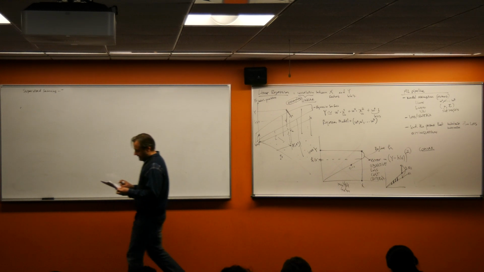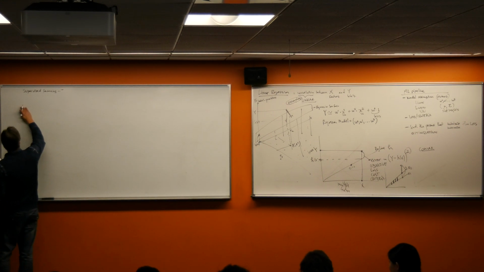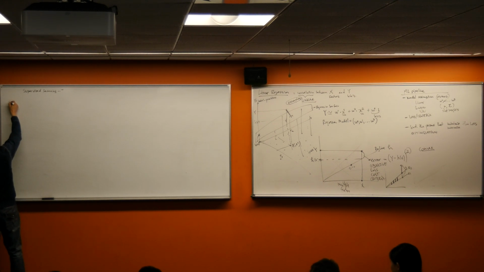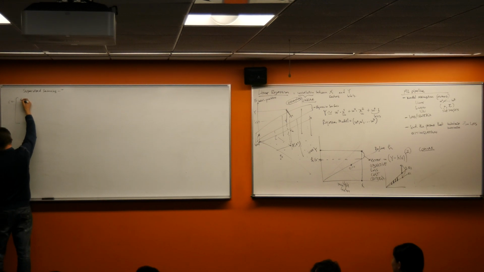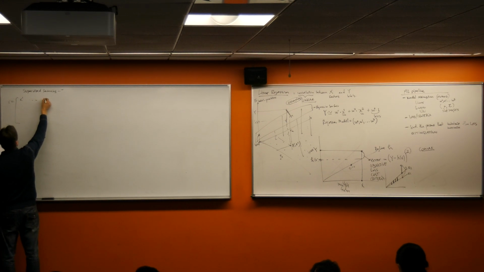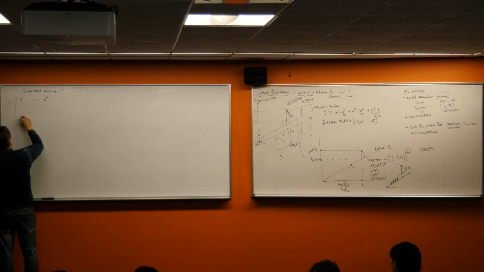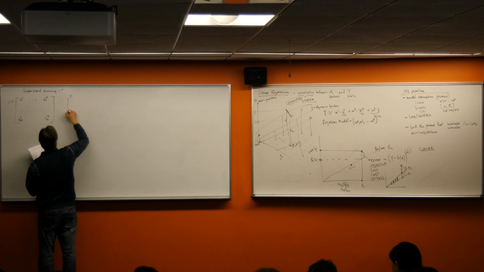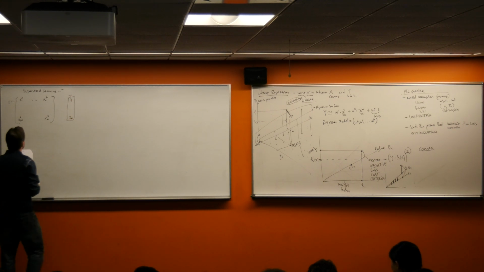Okay, so what do we have? First of all, we have an x data matrix here. Here's x, with entries x 1,1 up to x 1,d. We have a label vector y1 to yn.